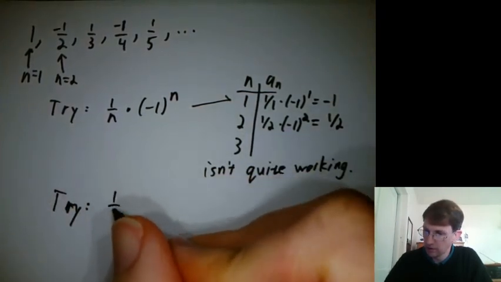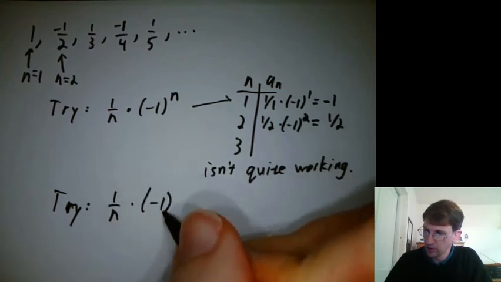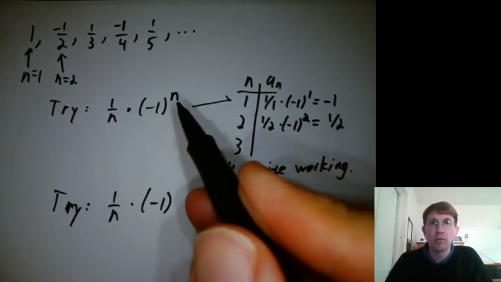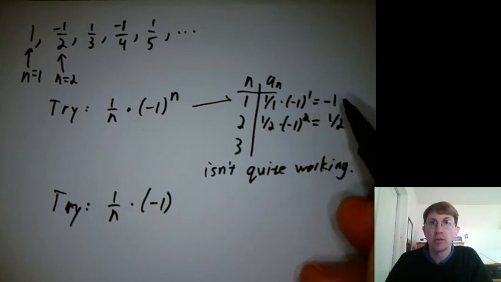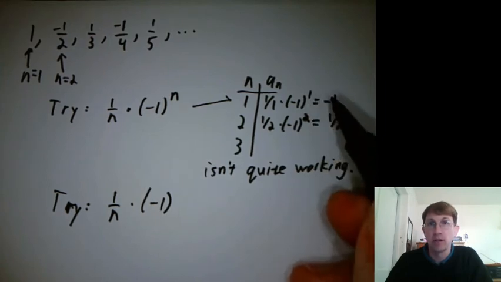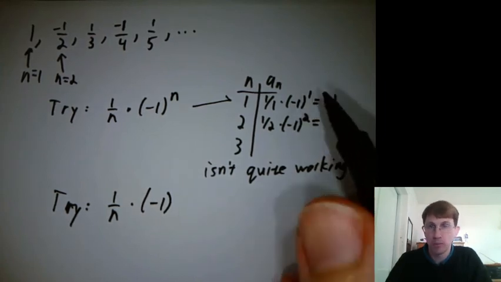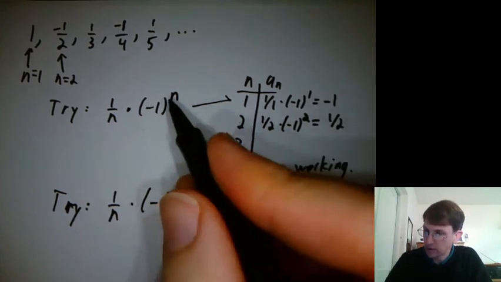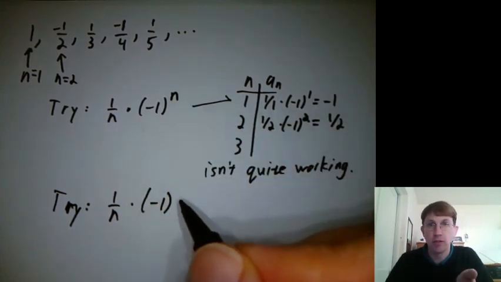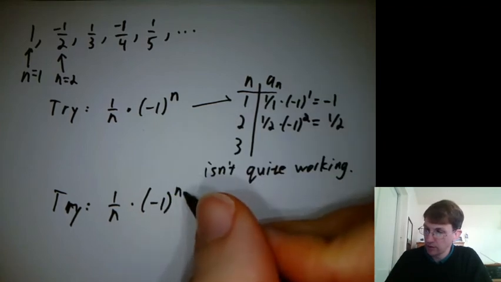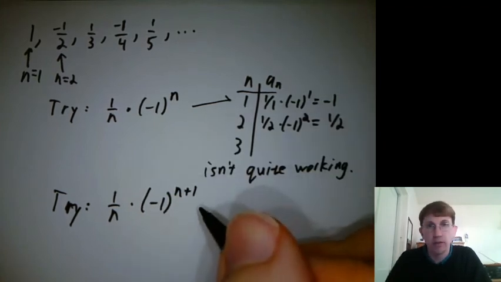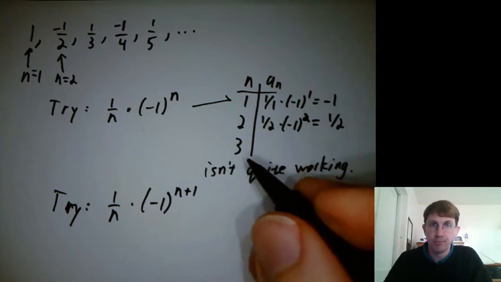So let's try 1 over n times negative 1. So the problem was we got an odd number here, but we needed an even number to get negative 1 to an even number, which would then be positive. So how can we turn any odd number to an even number and vice versa? We can just say n plus 1. We could have also done n minus 1.